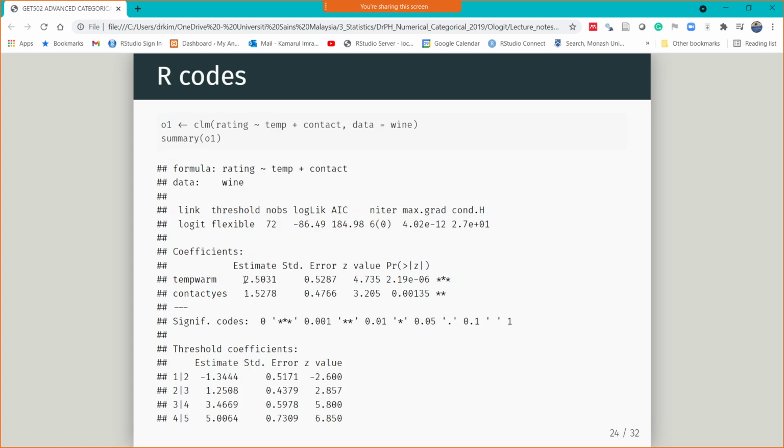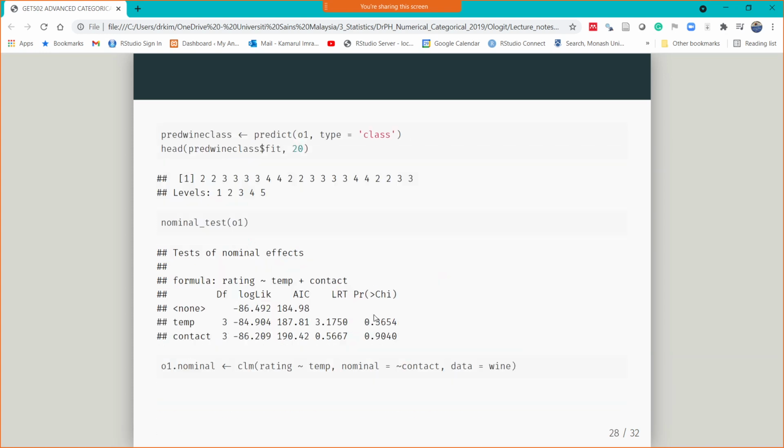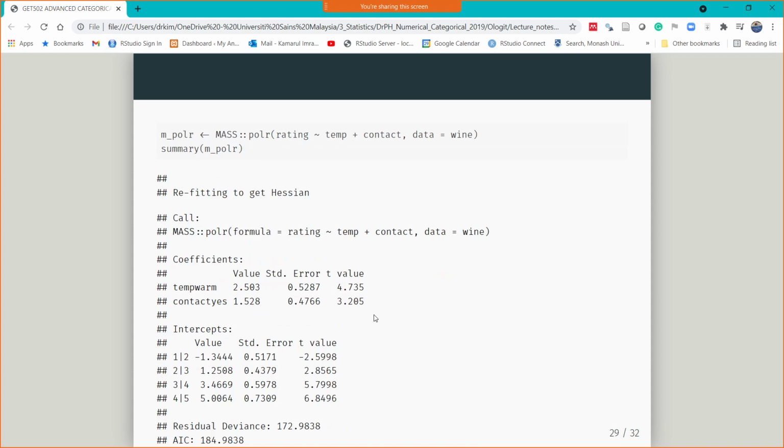Okay, they are the same, right? 2503158. The same results from polr if you compare with clm.